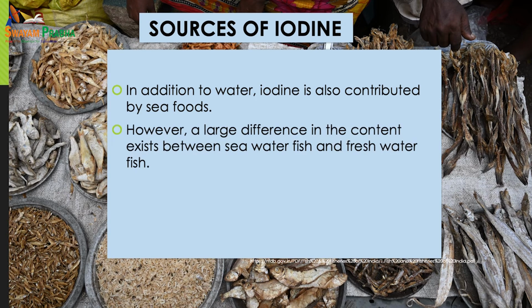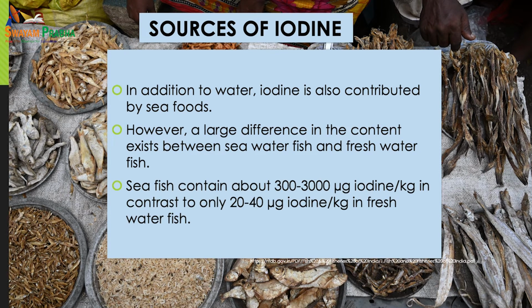However, a large difference in the content exists between seawater fish and freshwater fish. Sea fish contain about 300 to 3000 micrograms of iodine per kg in contrast to 20 to 40 micrograms of iodine per kg in freshwater fish.